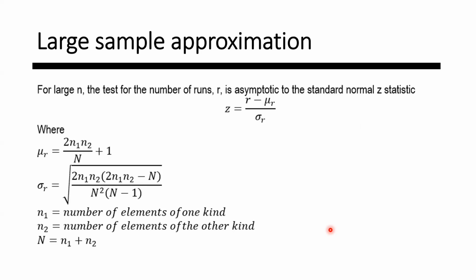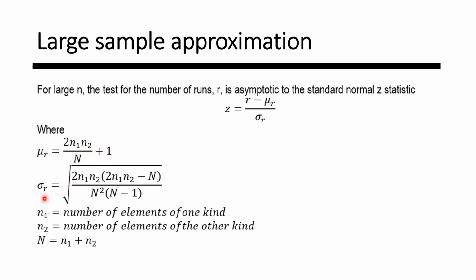On the large sample approximation, for large N, the test for the number of runs R is asymptotic to the standard normal Z statistic. Z is equivalent to R minus the mean of R all over the standard deviation of R, where the mean of R is equal to 2 times n sub 1 n sub 2 all over the capital N plus 1.